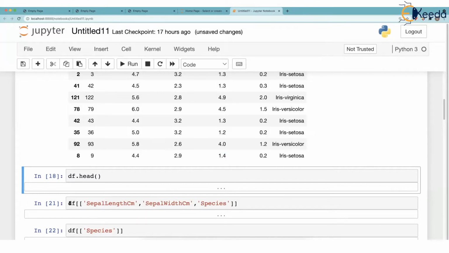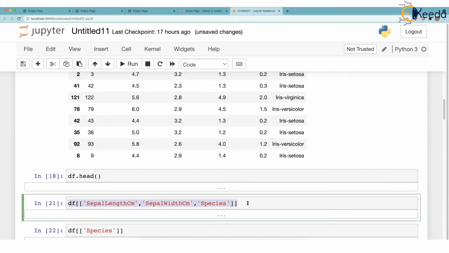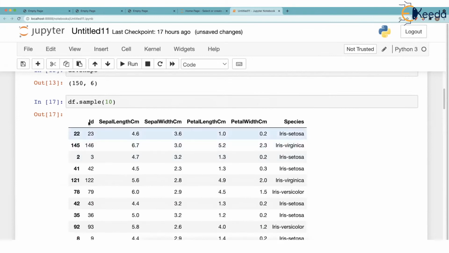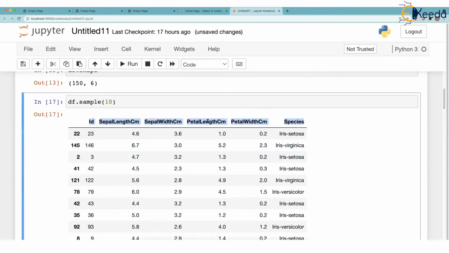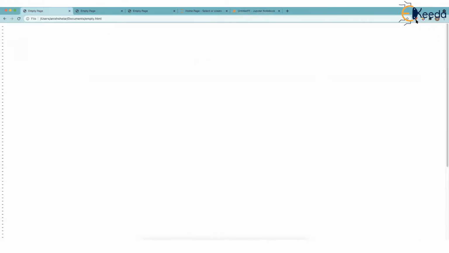We also saw how to display some columns from df. This was very important. You know that there are 6 columns, and suppose we want to show only petal length, centimeter, and species. Only these 2 columns. Then the rule I said for working with a pandas data frame is that the name of the data frame is df.